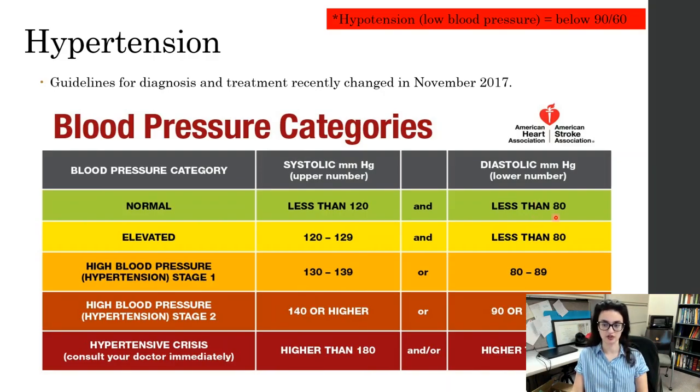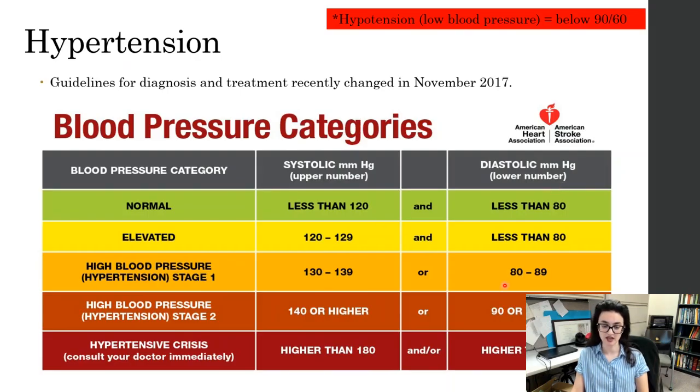So if you're less than 80 for diastolic, that could mean that you're normal, right? Let's say you're 78. Could be. But if your systolic is 130, right, then you do have hypertension. So I would look at systolic before looking at diastolic in that case.